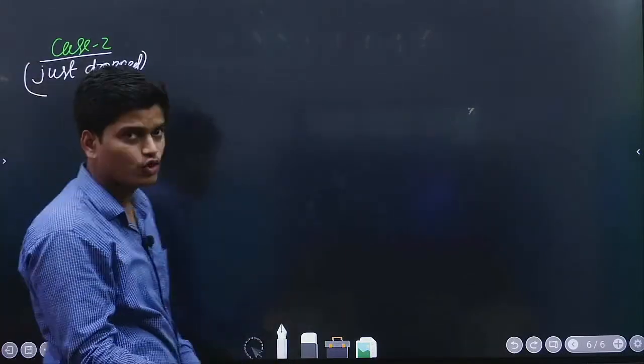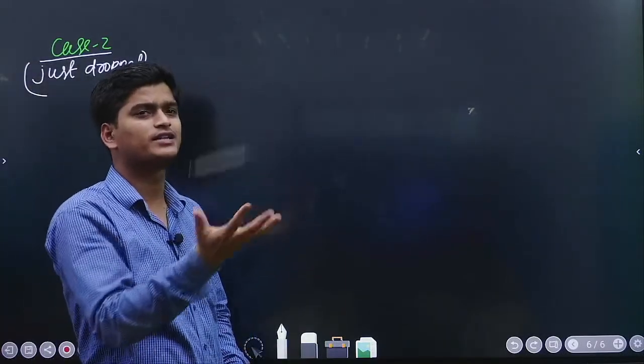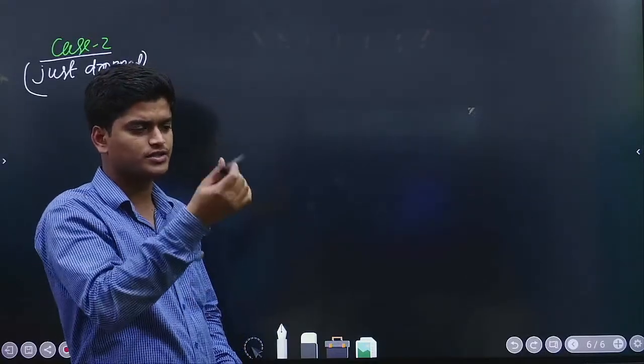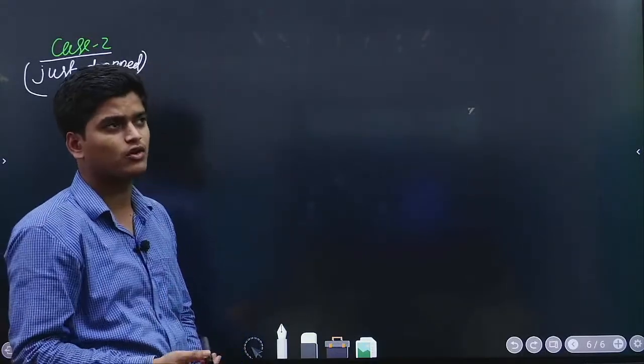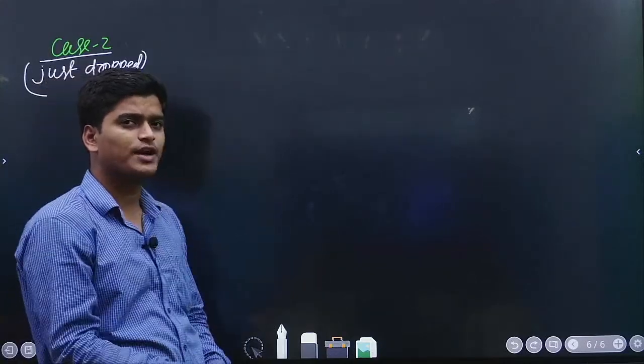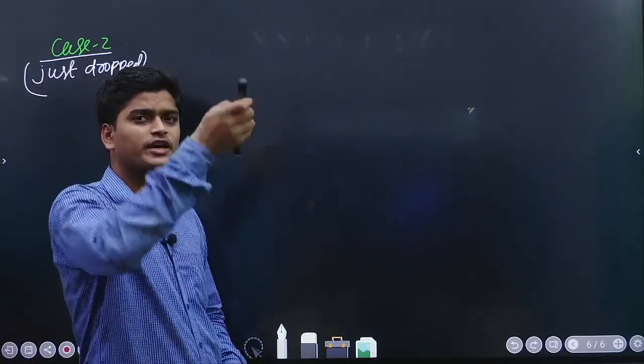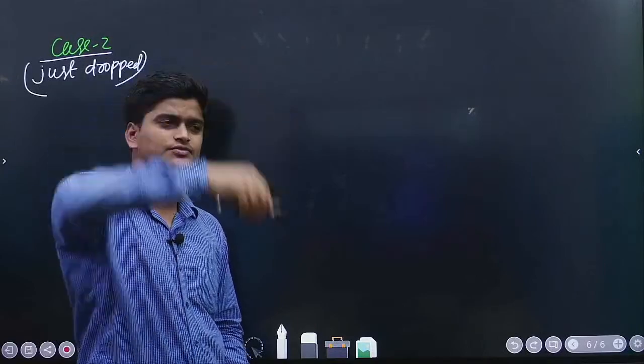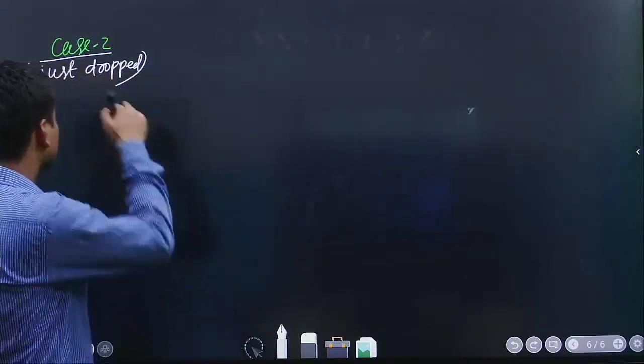Suppose I am throwing this pen upward, then it goes up and again falls back automatically. I throw just once, it reaches a maximum height, and after that it falls automatically.